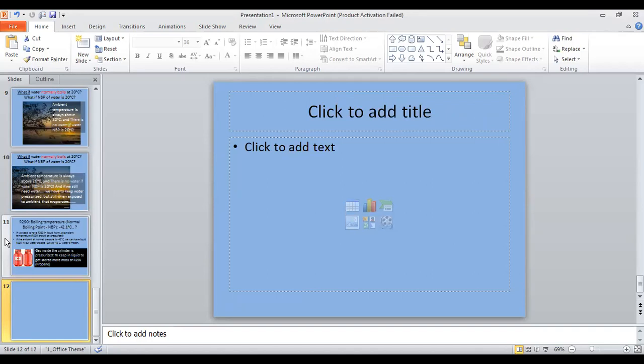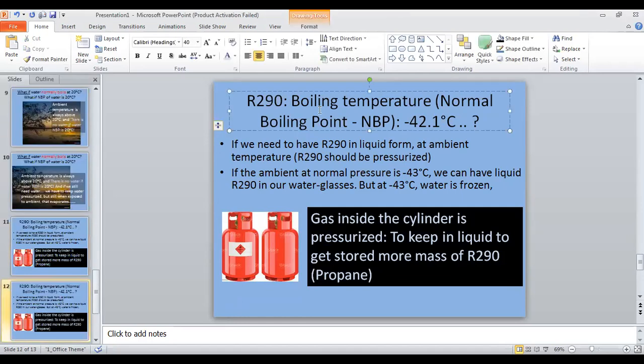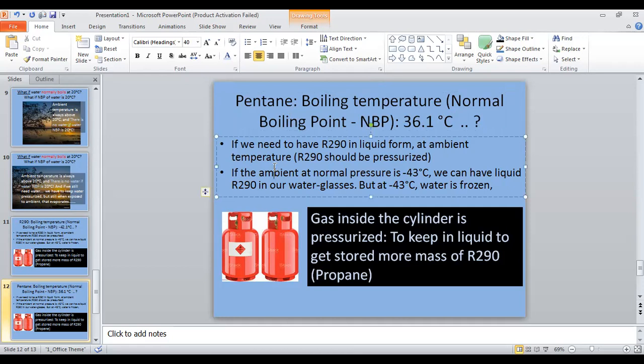Pentane: 36.1 degrees Celsius. And you can see that it is above 36 ambient.